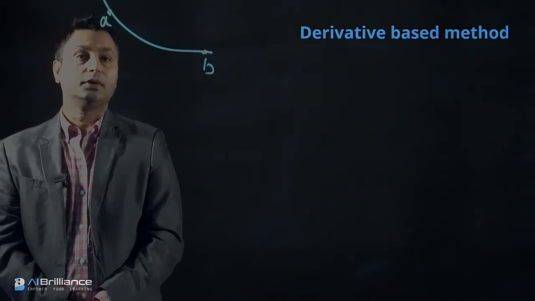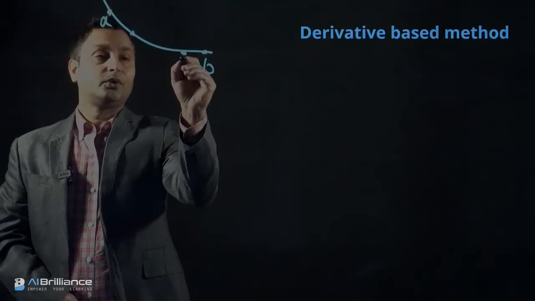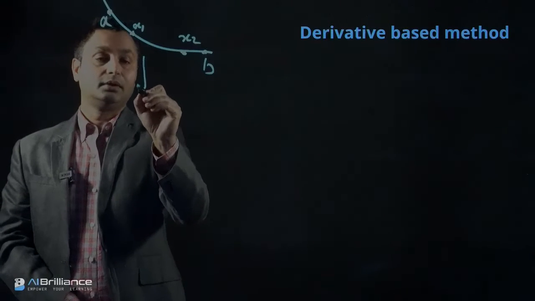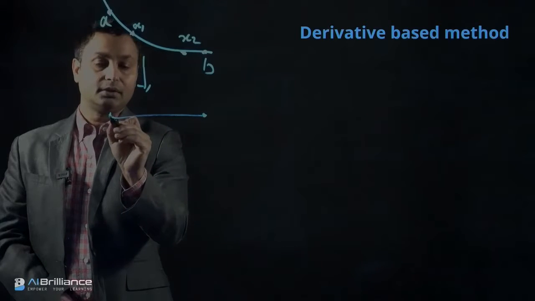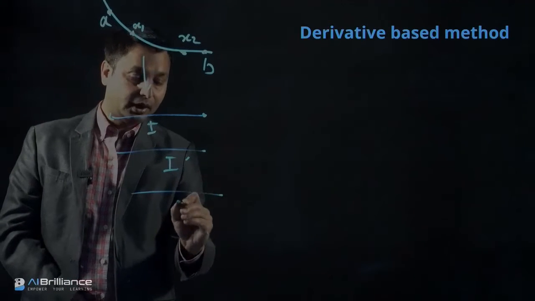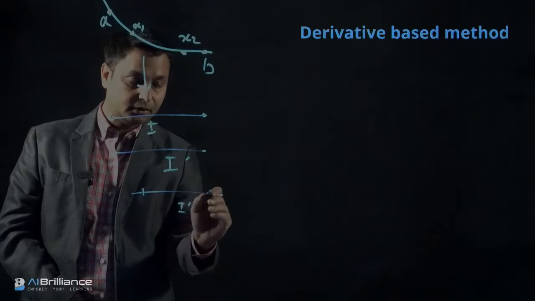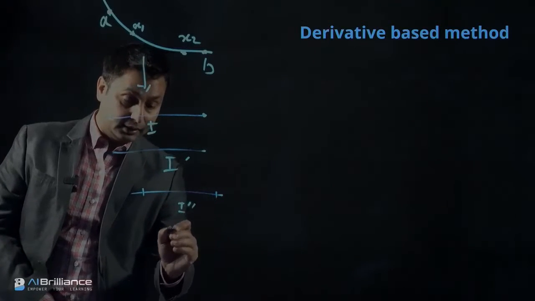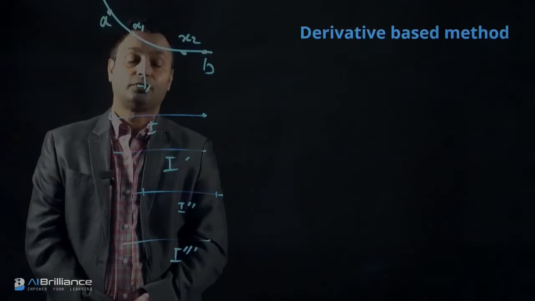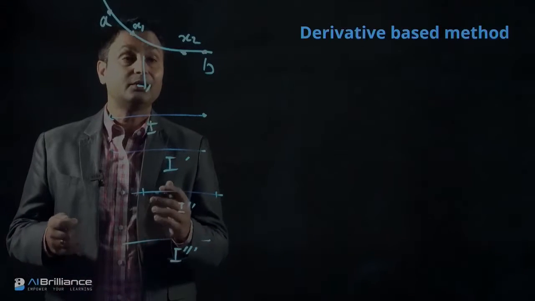Then we sampled two points, x1 and x2, and reduced the interval iteratively into a smaller interval I', then I'', and in iteration 3 the interval was further reduced. That was the approach.